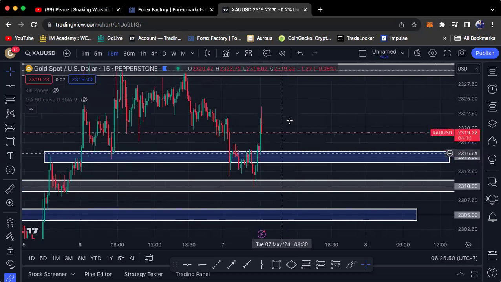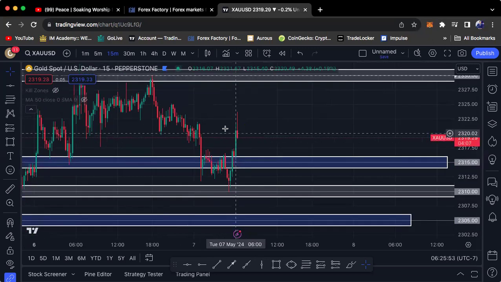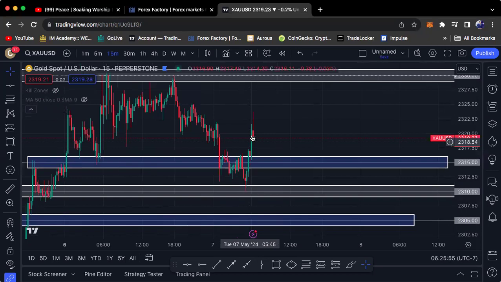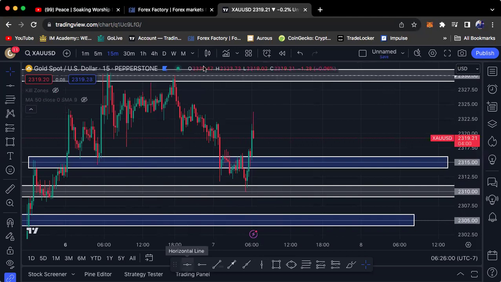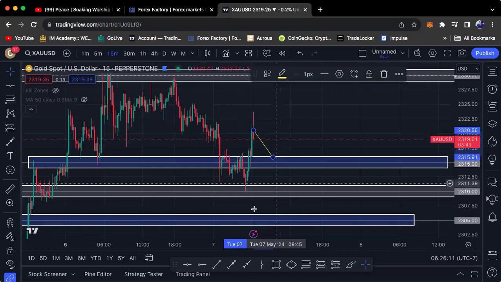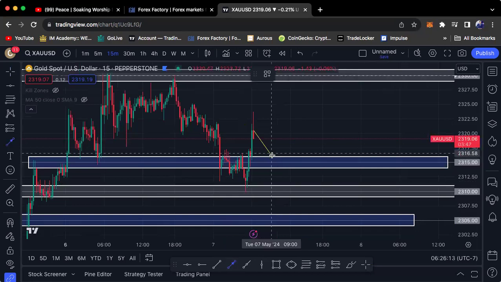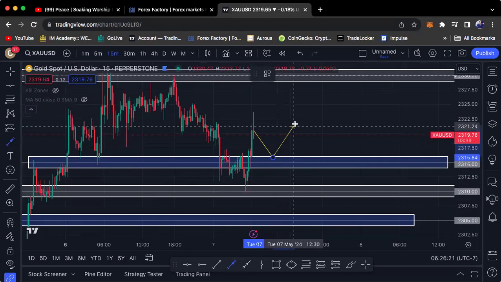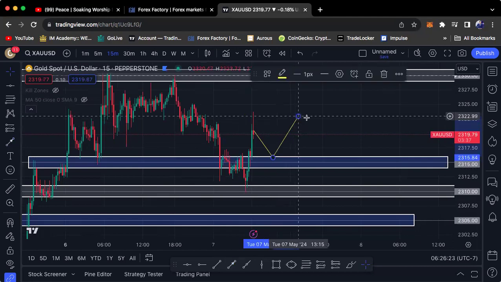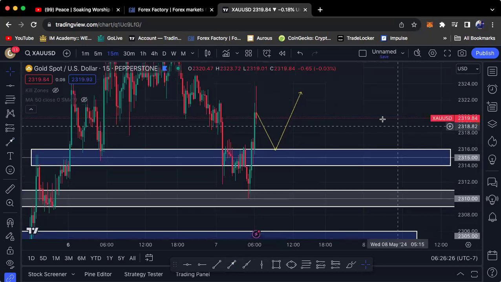So right now, price is on a buy mode, a short-term pullback. Price may, again, this game is all about probabilities, okay? You've got to be able to catch as many confirmations. If price closes above this zone and gives you a bullish confirmation candle, then expect the continuation towards the upside.